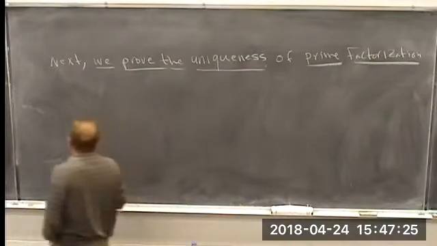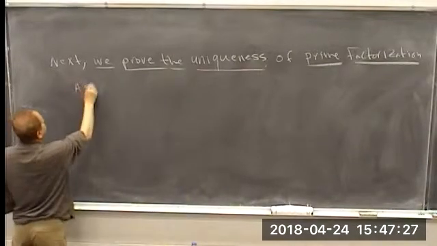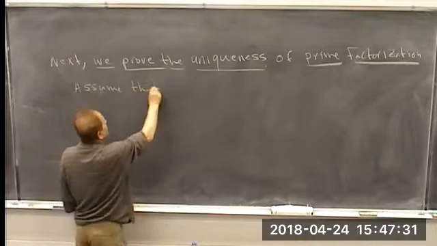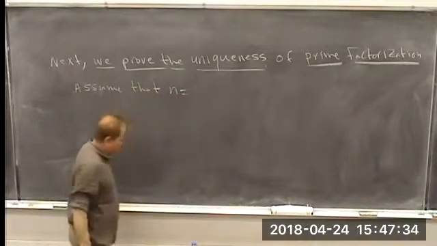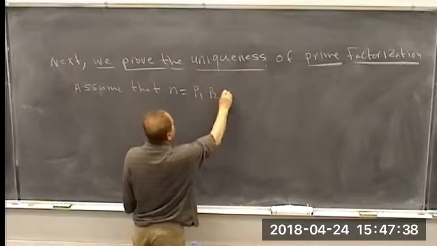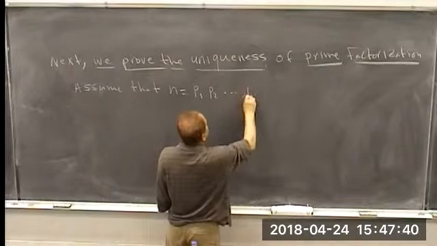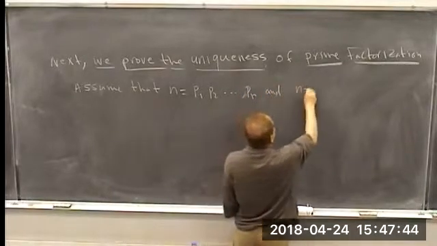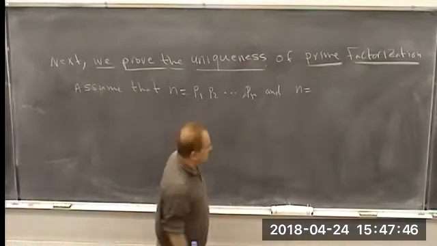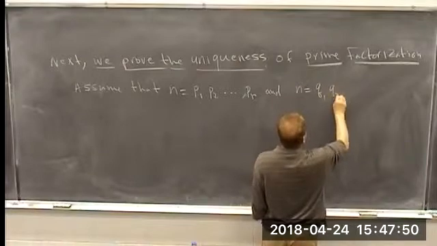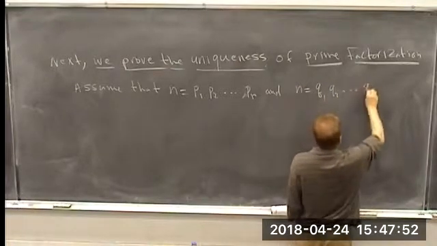So let's assume that n is a product of primes, d1, d2, up to d sub r, and n has some other primes that give n, and there might be a different number.